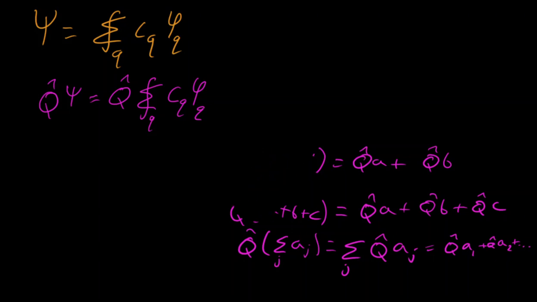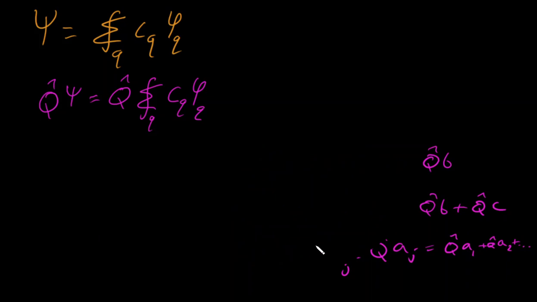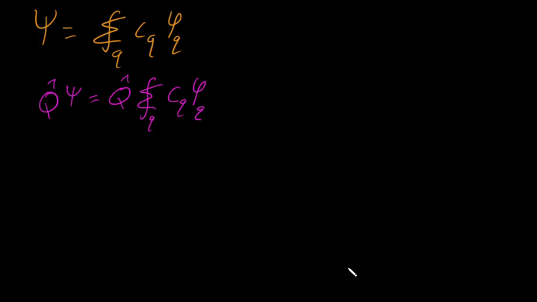And even more generally, because an integral is just a generalization of a sum, q hat acting on some superposition, some integral of something, I'll just call it a, should be the superposition of q hat acting on a.